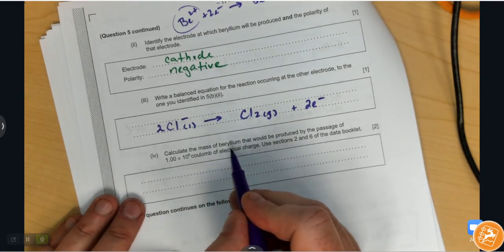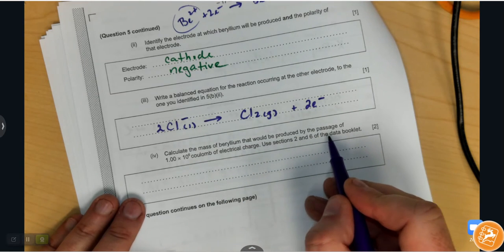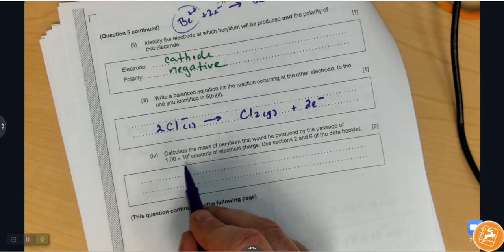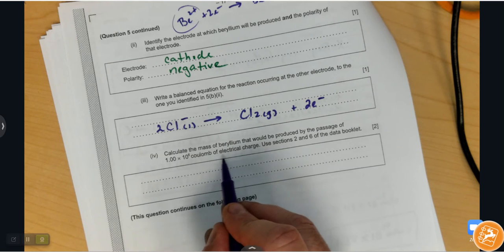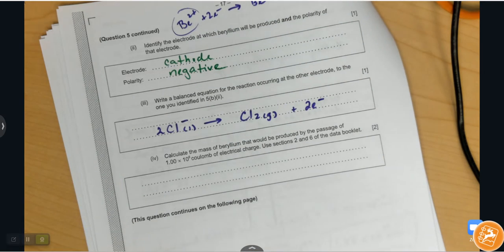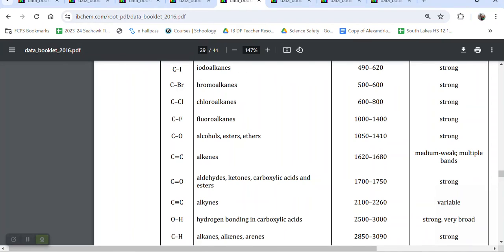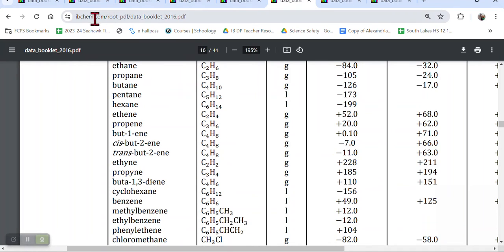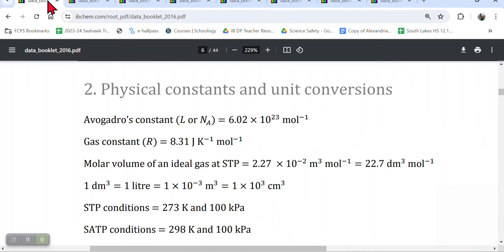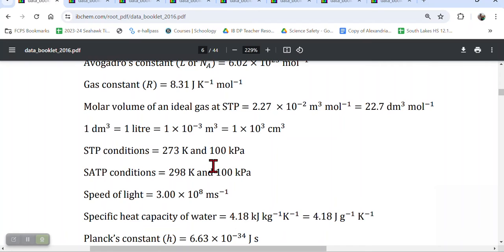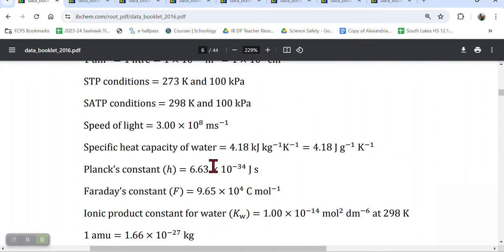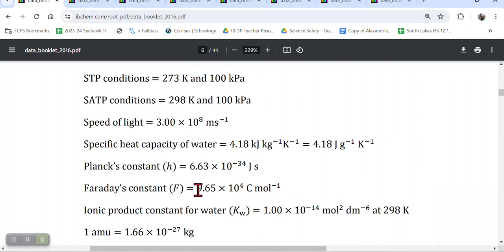And then finally, calculate the mass of beryllium that would be produced by the passage of 1.00 times 10 to the 6 coulombs of electrical charge. When I first saw that, I was like, I have never seen one like this before. But if we look at section 2, all I did was look for something that had coulombs in it. Ooh, there's Faraday's constant.